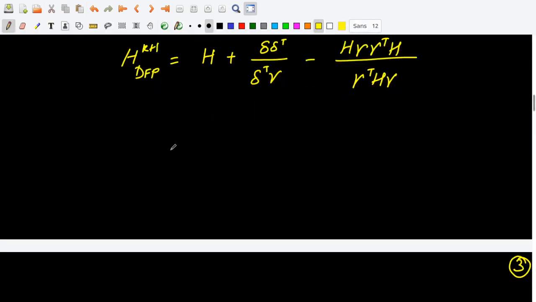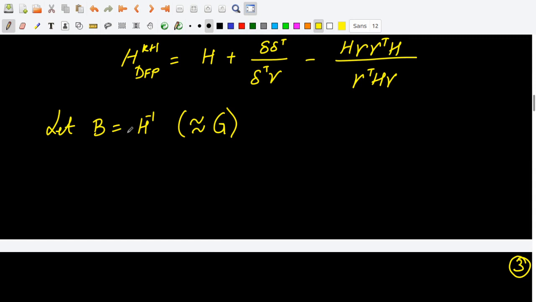Related to H is the matrix B. So let B be H inverse. Okay. So recall from our earlier discussion that H inverse was used to model the Hessian of the function.